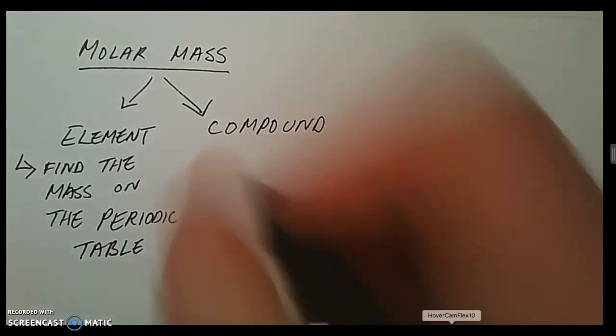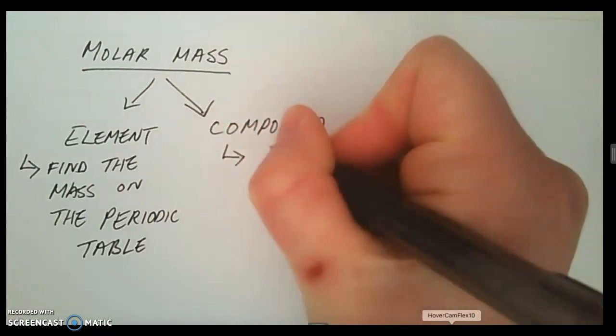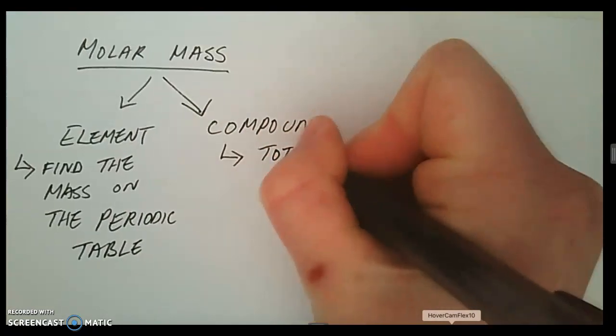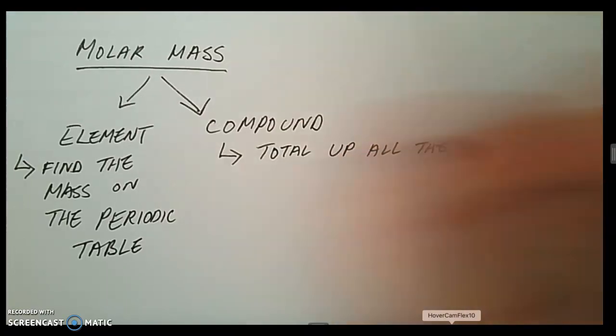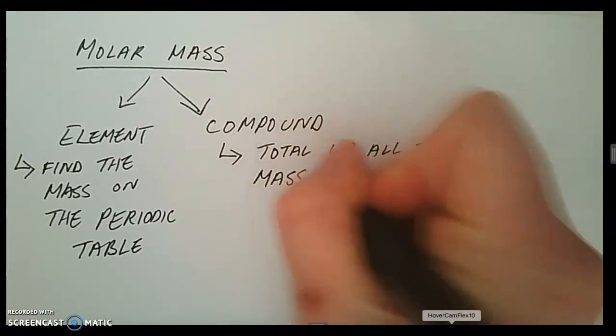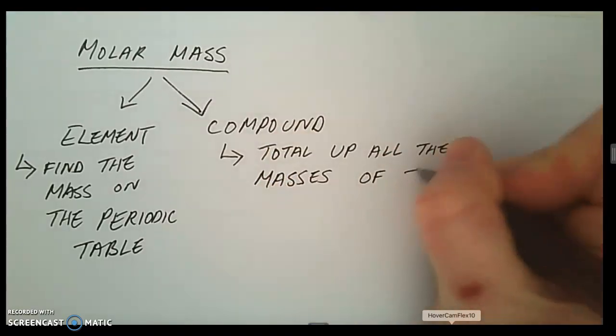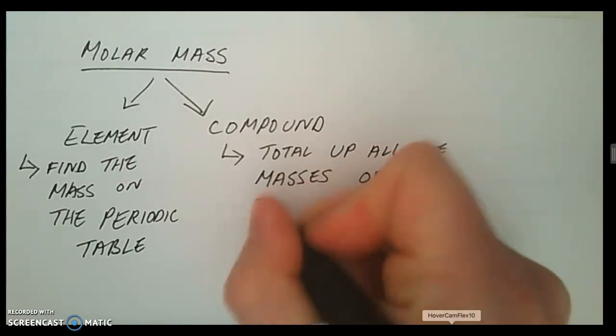For a compound, we just have to total up all the masses of the elements that make it up.